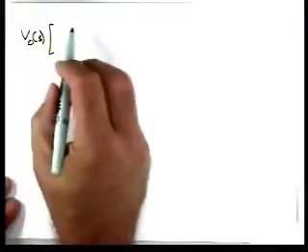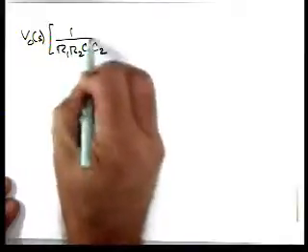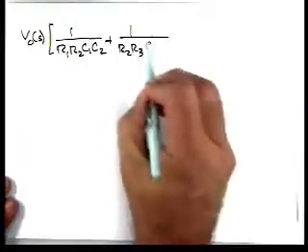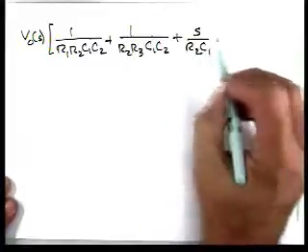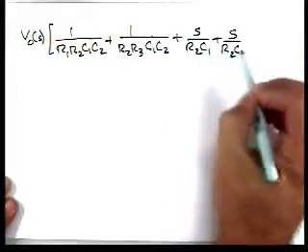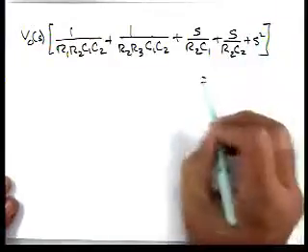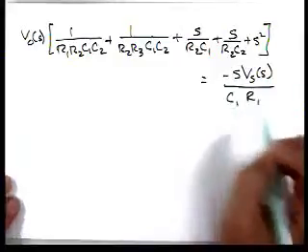So when we do that, this will become V0 of S, and we'll have 1 over R1 R2 C1 C2 plus 1 over R2 R3 C1 C2 plus S over R2 C1 plus S over R2 C2 plus S squared, and that's equal to minus S Vs of S over C1 R1.